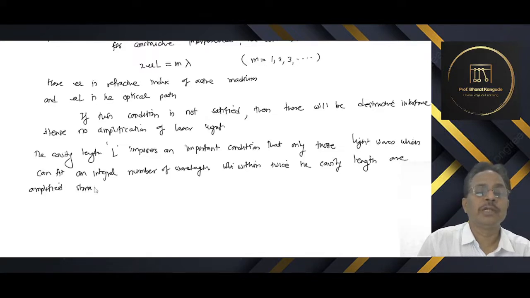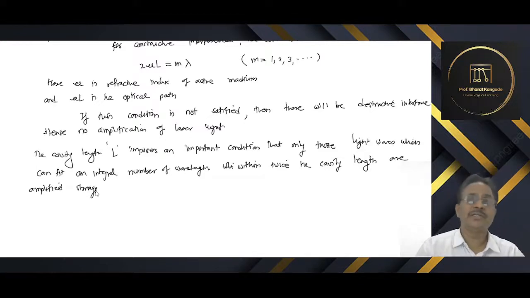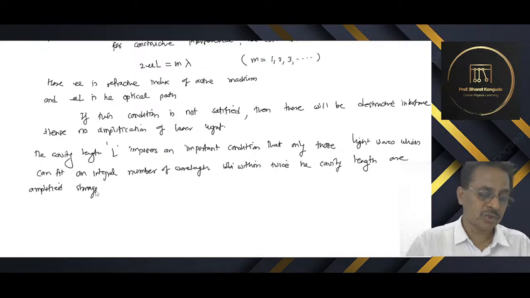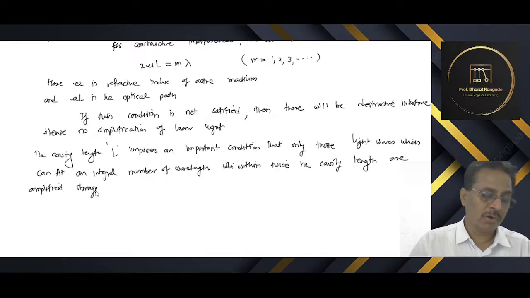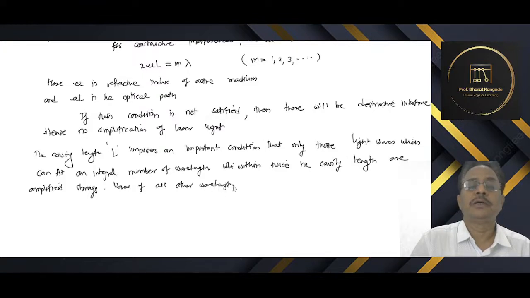Other light waves which do not satisfy this condition are going to cancel each other, so there is destructive interference. To have constructive interference and steady state, this condition is to be satisfied. Waves of all other wavelengths are attenuated, so that they cancel each other.